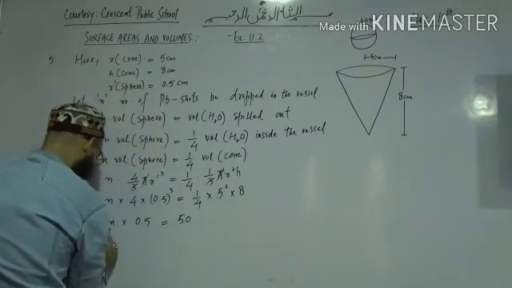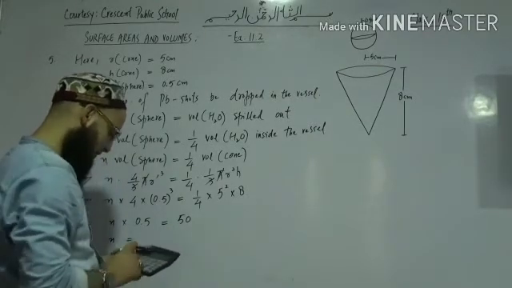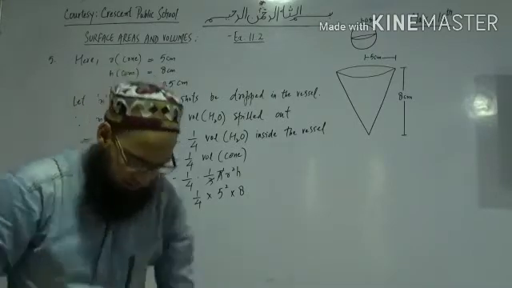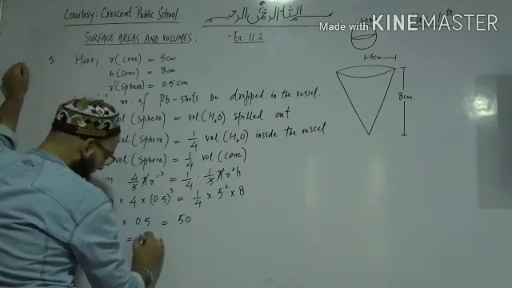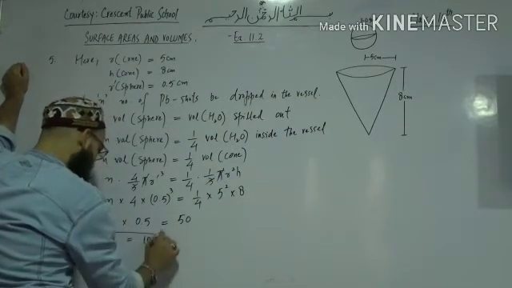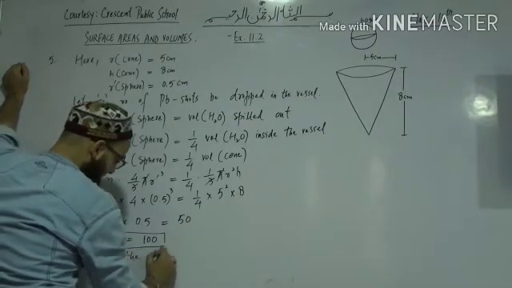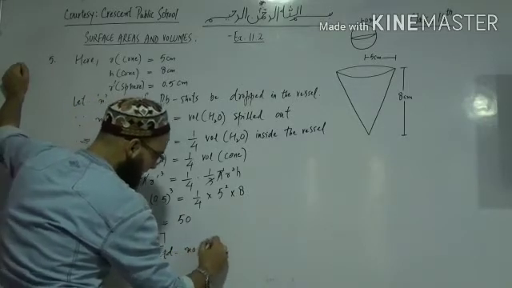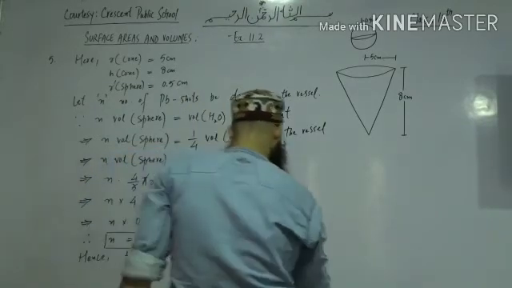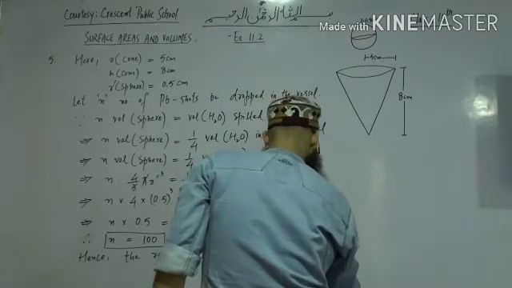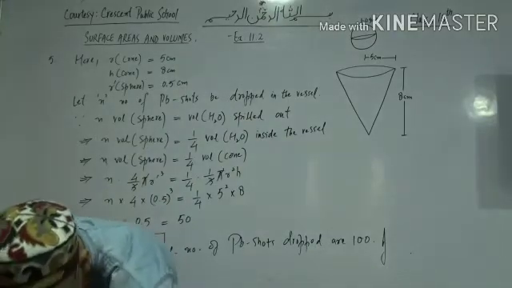Therefore n is equal to 50 divided by 0.5, that will give you 100. Now n is 100, hence the required number of lead shots dropped are 100, and that's your answer. Kindly make a note.